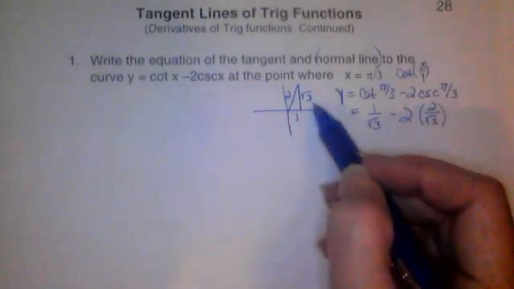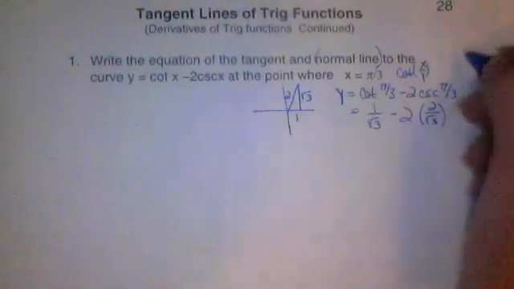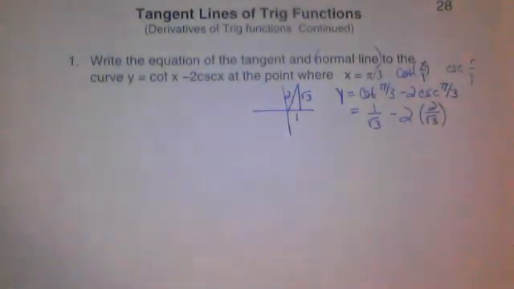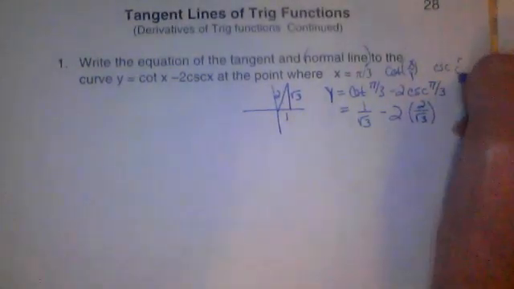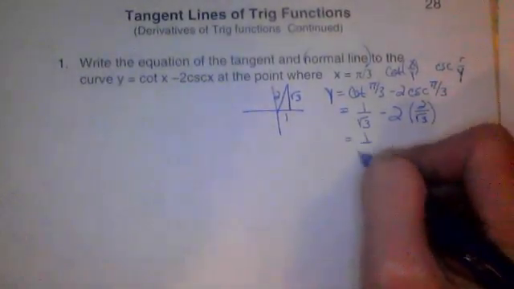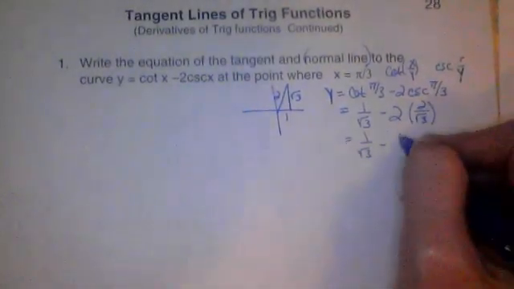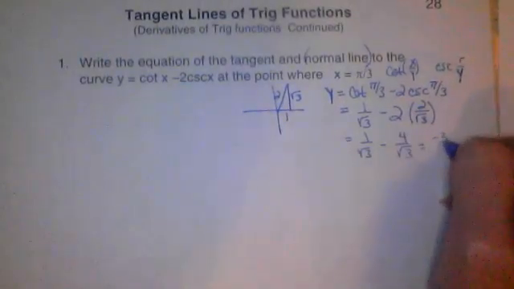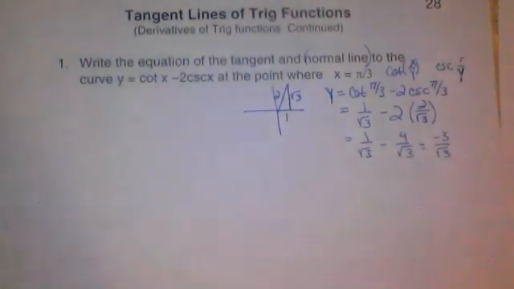Cosecant is r over y, just in case we've forgotten. All right, so we have 1 over square root of 3 minus 4 over square root of 3, or negative 3 over square root of 3.